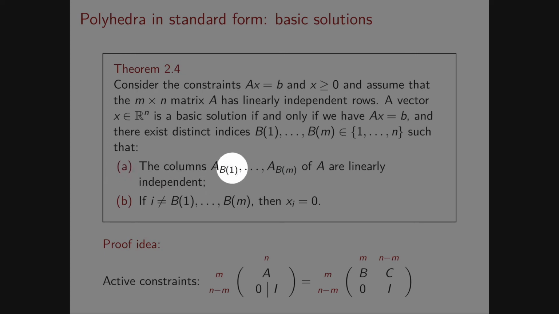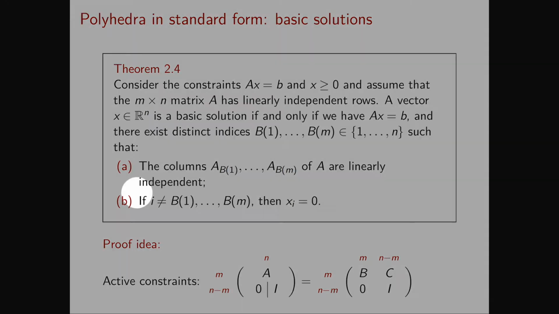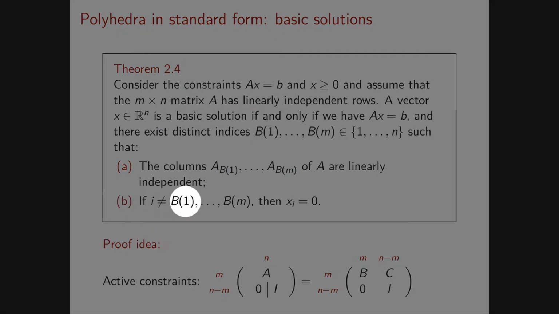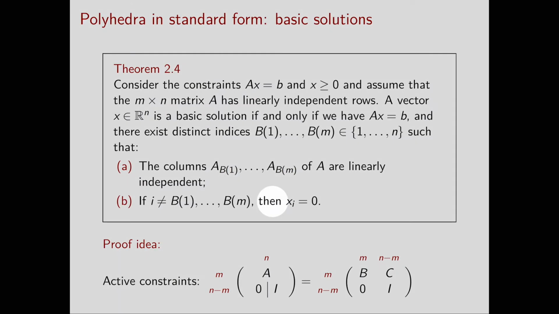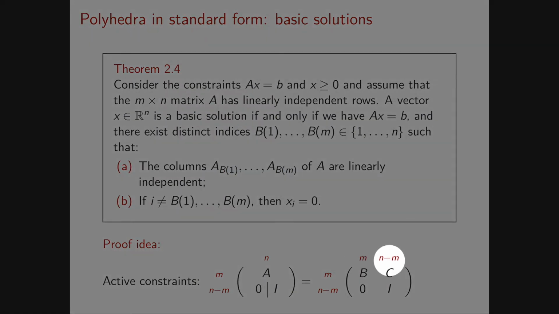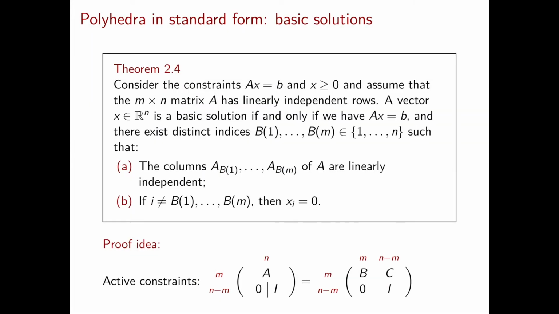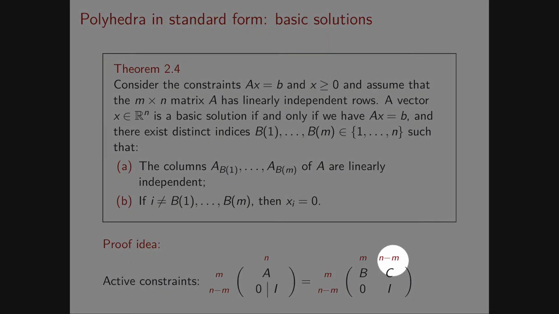The columns A_B1 until A_Bm of A are linearly independent. On the other hand, point B says if i is different from B1 until Bm, then xi = 0. In our argument, the indices that are not B1 until Bm are the last n minus m, and they are exactly those for which I have the constraint xi = 0, as written here.